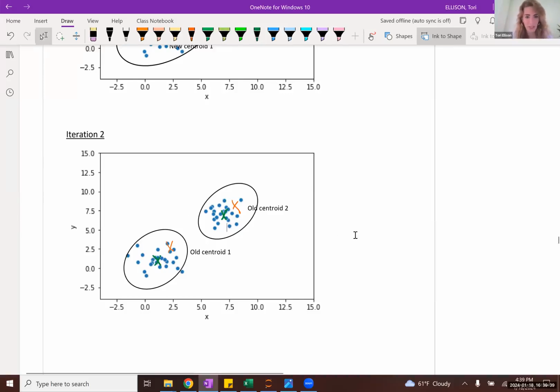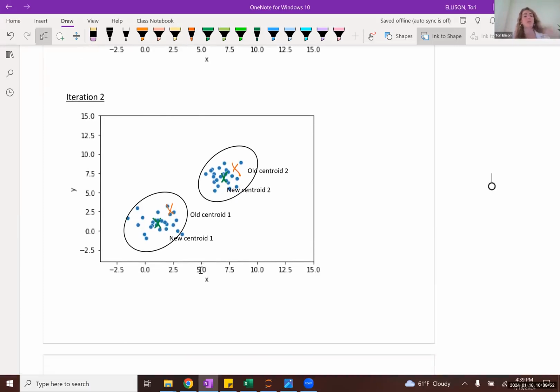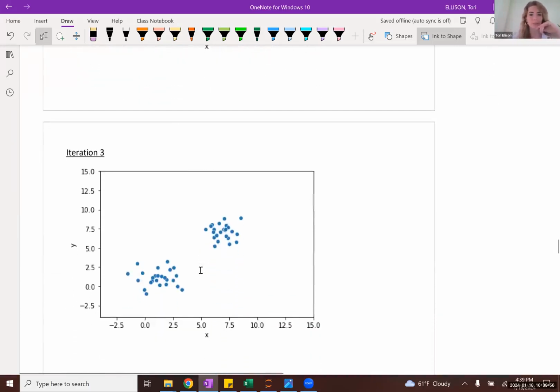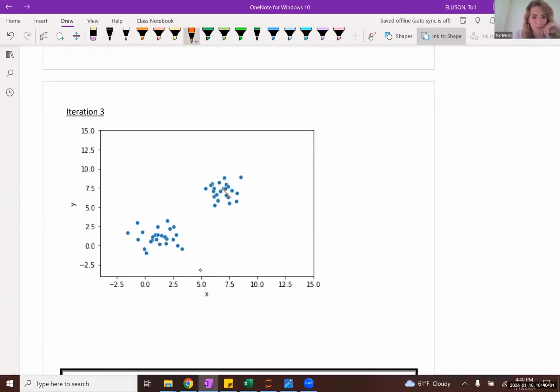So that would create this new centroid 2 and this new centroid 1. Okay. And because we can see that the old and the new centroids are not exactly the same, that means we move on to the next iteration.